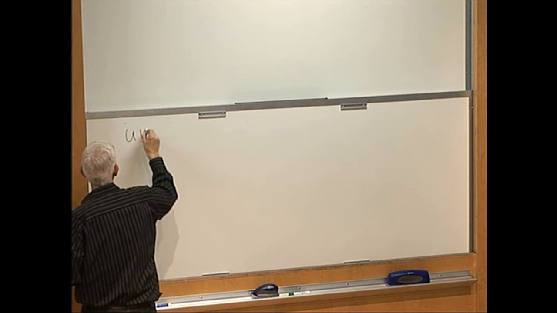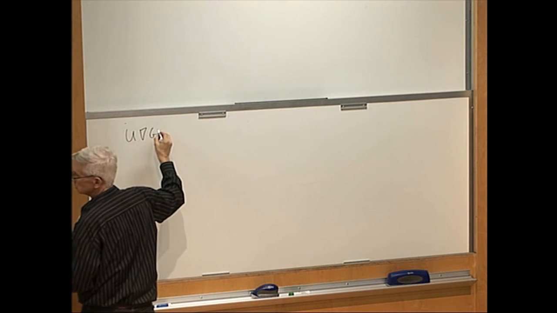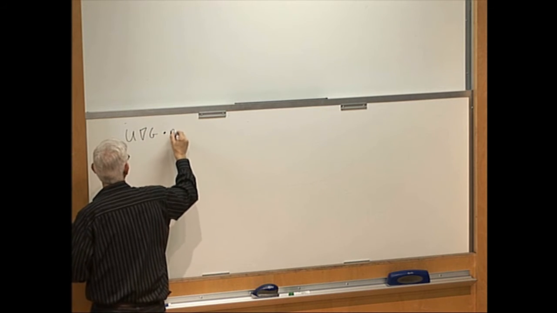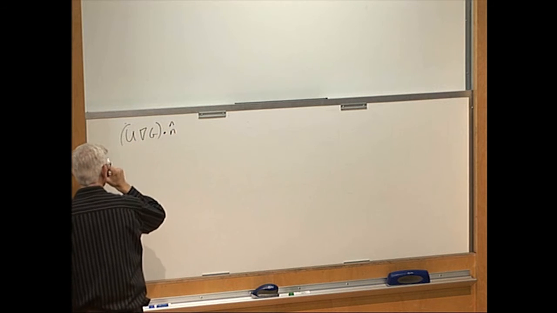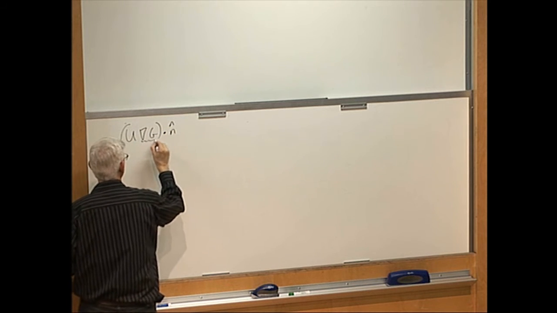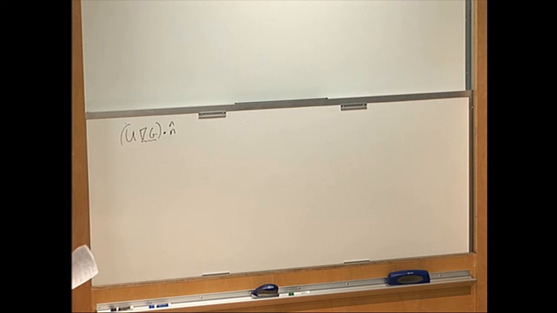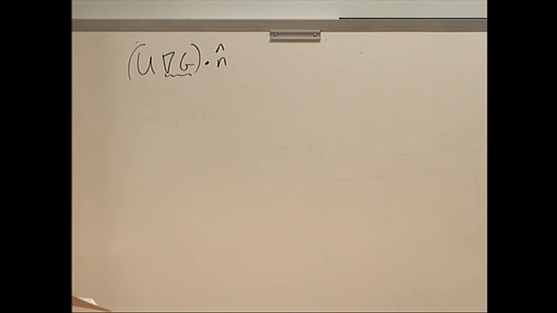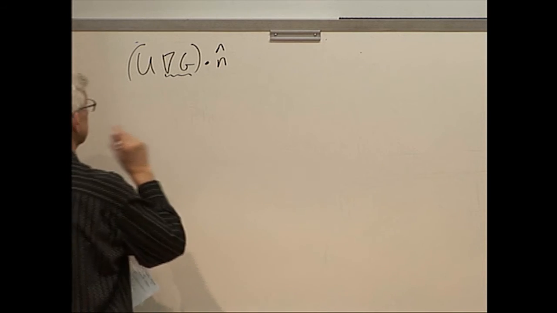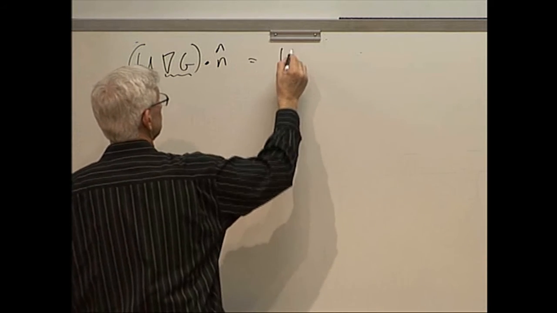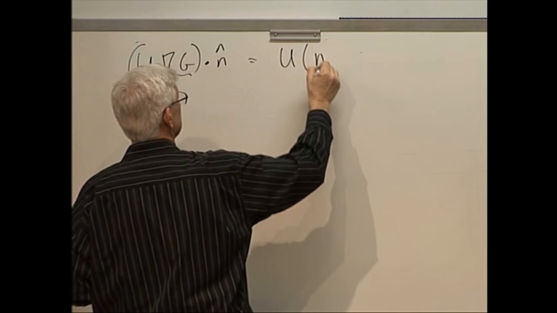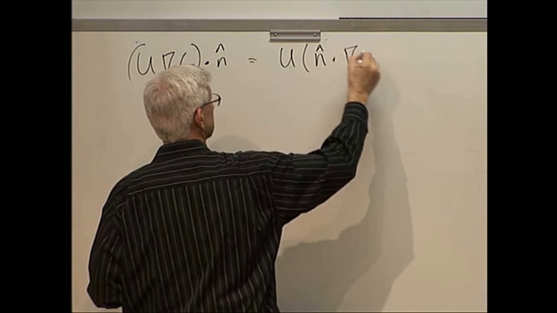Okay, so let's just work on one of them. u del g dot n hat. Okay, well, this is the part that produces the vector. It's a gradient, right? So we can write this as u times n hat dot del g.